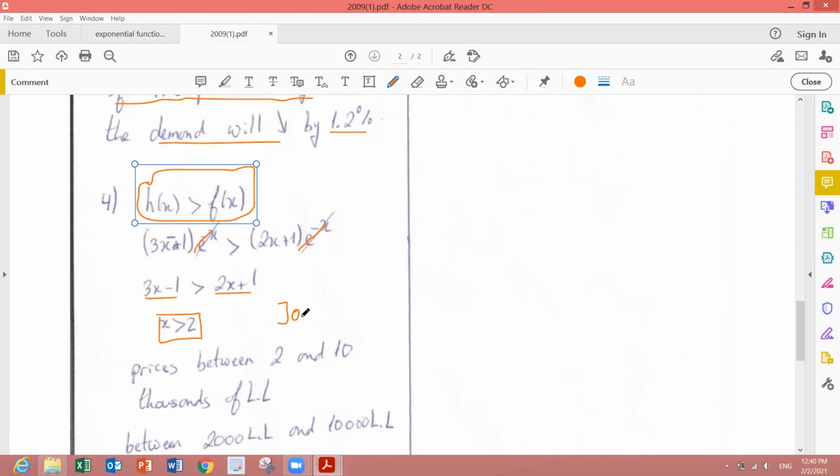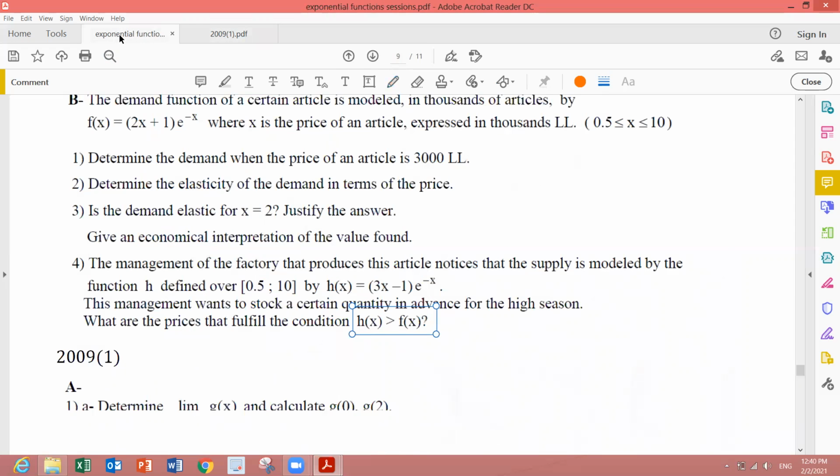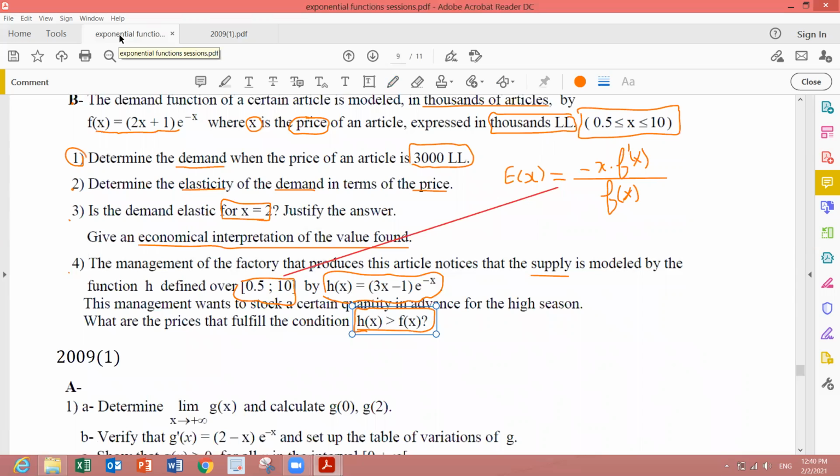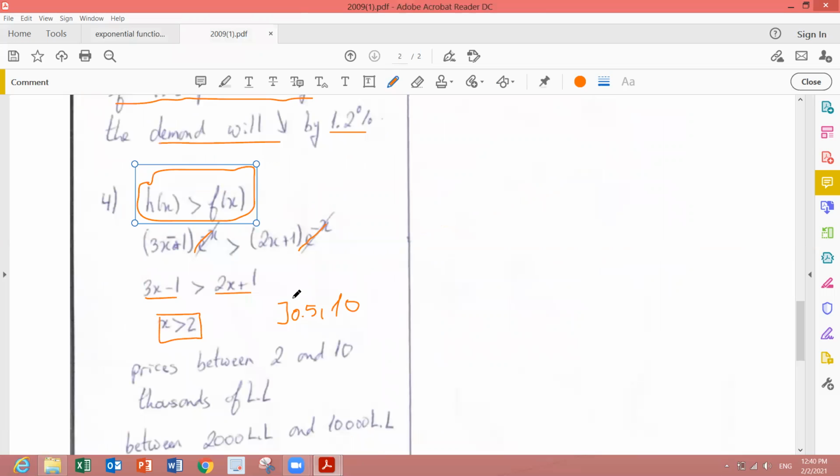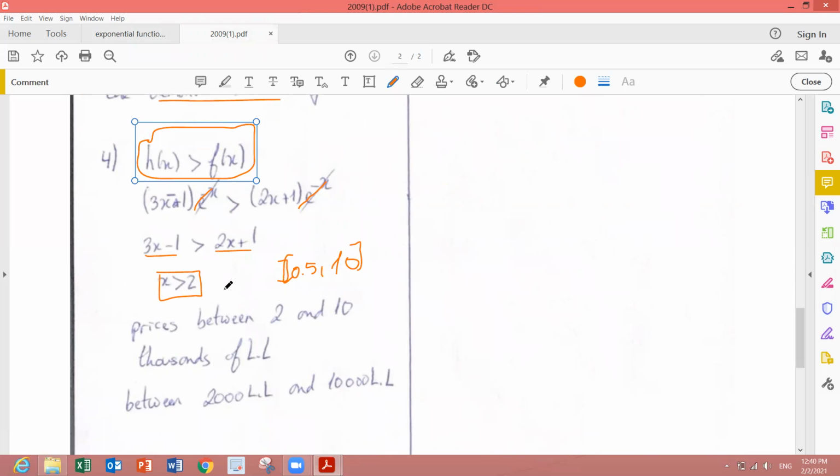Domain is 0.5 to 10. It is closed at 0.5 and closed at 10. So here we have x greater than 2.